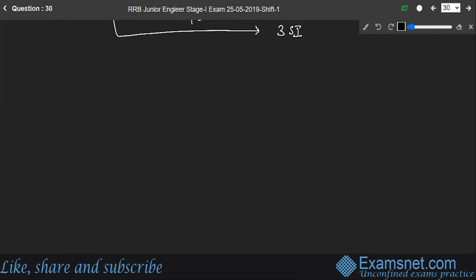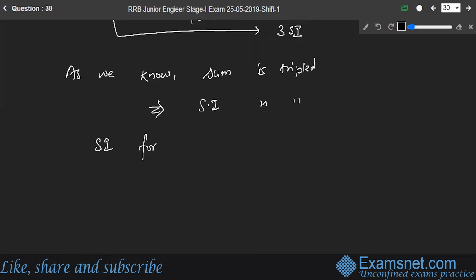So that means, as we know, the sum is tripled. That means simple interest is also tripled. So simple interest for the next 5 years will be 3 times the previous one, which is 300, right?